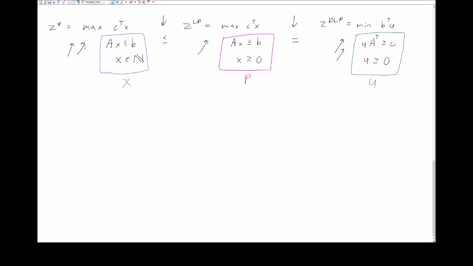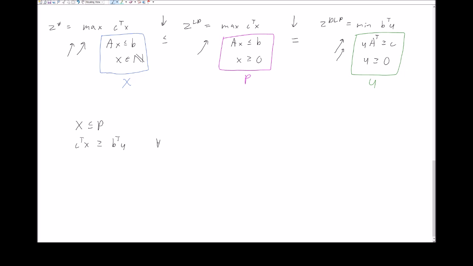We'd like to show that our dual linear program over here is going to form a dual pair with our integer program over here. The way we're going to do this is first note that the feasible set of points inside of our integer program is a subset of the feasible points inside of our linear programming relaxation. We also know that c^T x, the objective function value of our linear program, is going to be at least equal to b^T u, the objective function value of our dual linear program.